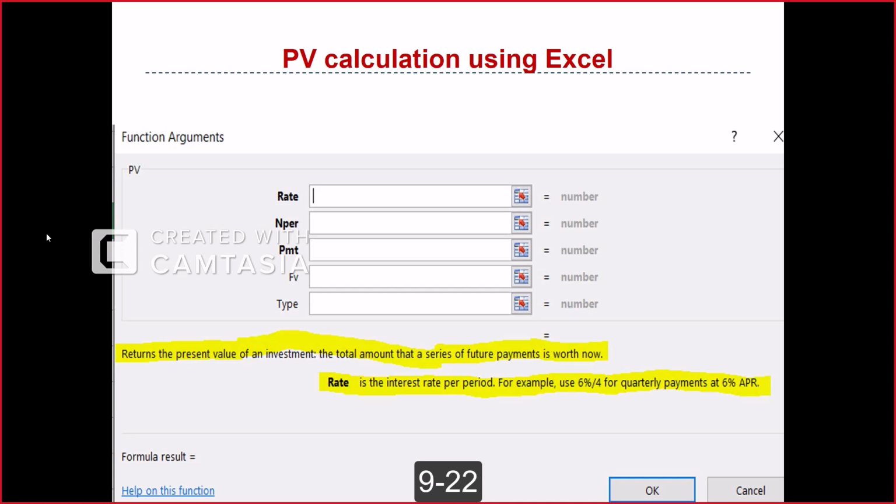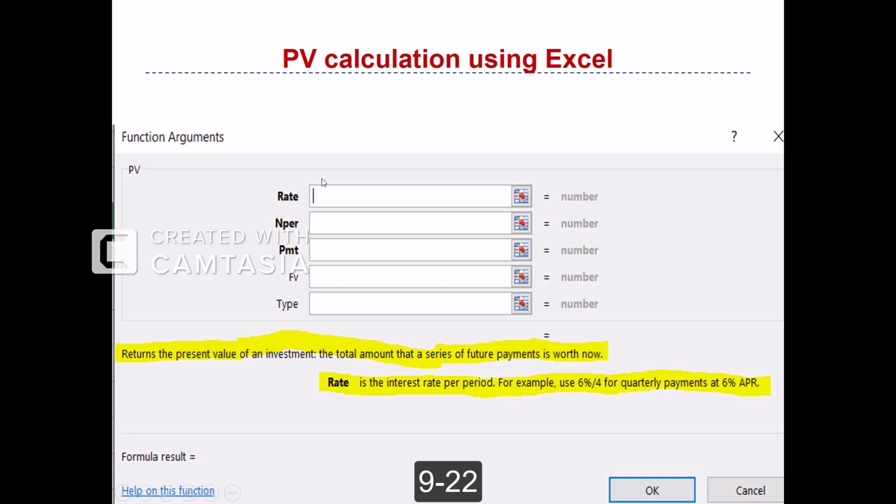NPER means the number of periods, or payments. For example, if I need to calculate the present value of $100,000 within 2 years, then N would be equal to 2, and payment is the amount, in this case $100,000.